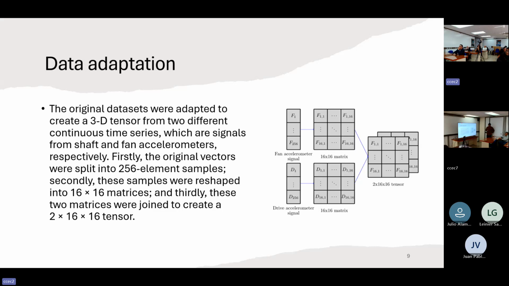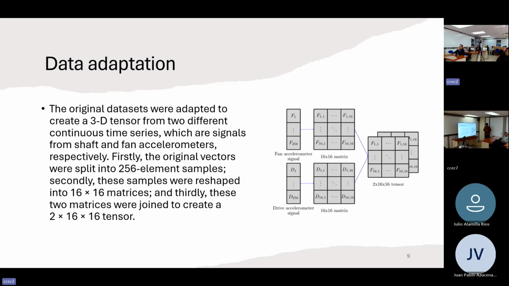Data adaptation. To use a convolutional neural network with this kind of data, we need to make some adaptation to the data. This adaptation comprises three stages. The first one is to split the general vector into 256 element samples.